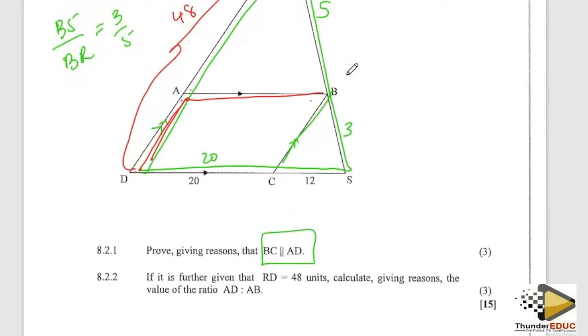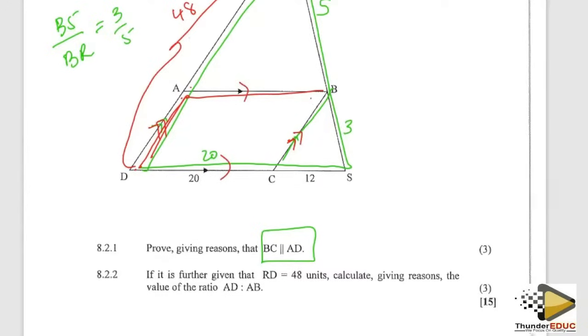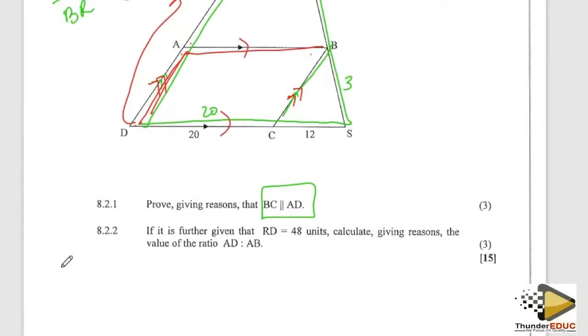Okay, so what we're going to do, we know that AB is going to be the same as DC, because remember we've proved that these lines are parallel. And initially they told us that these lines are also parallel. What does that make this whole ABCD thing? It's a parallelogram.